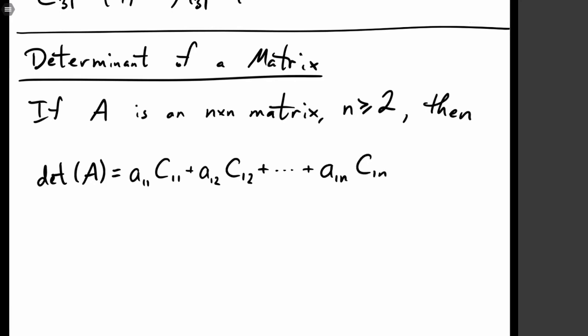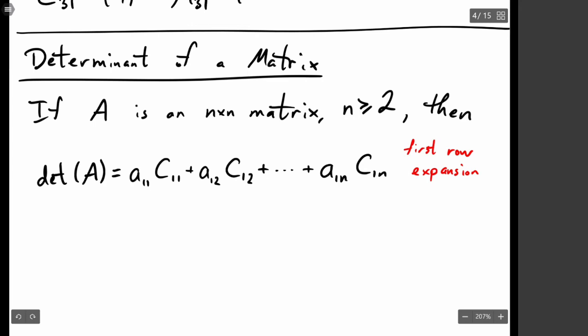All right, so we took all of the cofactors from the top row, multiplied them by the entry they're the cofactor of, and then we added them up. All right, so this right here would be a first row expansion.